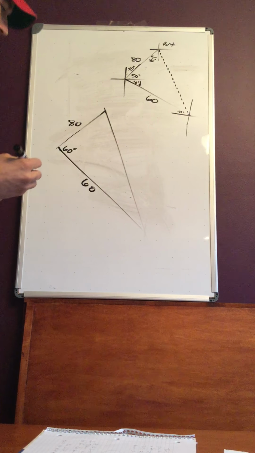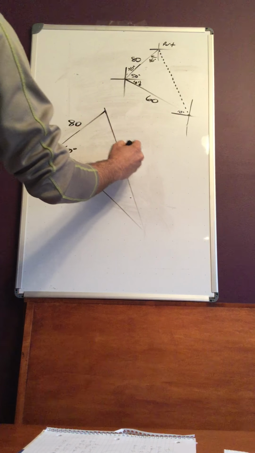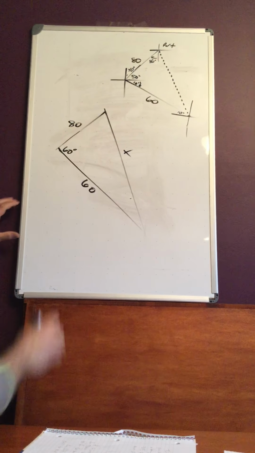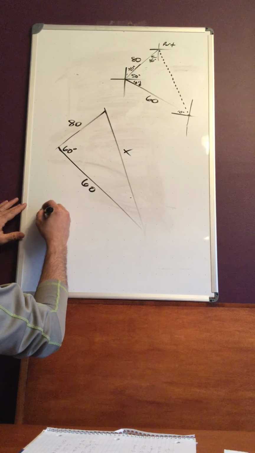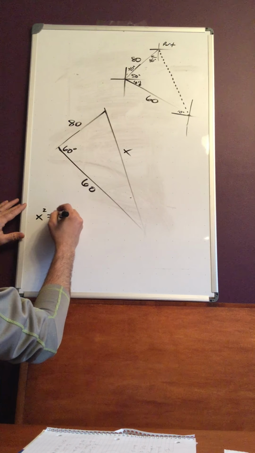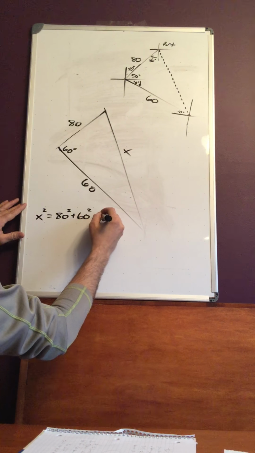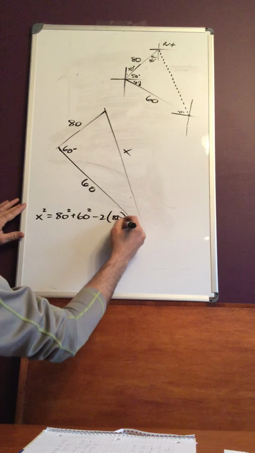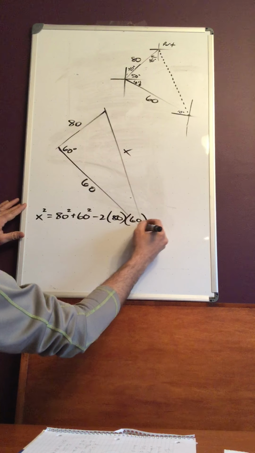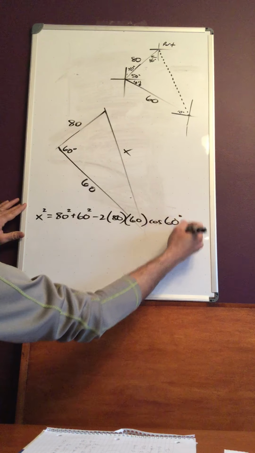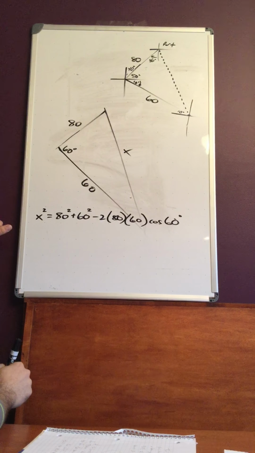So we're gonna use the law of cosines. I'm gonna call this guy X, and I'm going to say X squared is equal to 80 squared plus 60 squared minus 2 times 80 times 60 times cosine of 60 degrees.